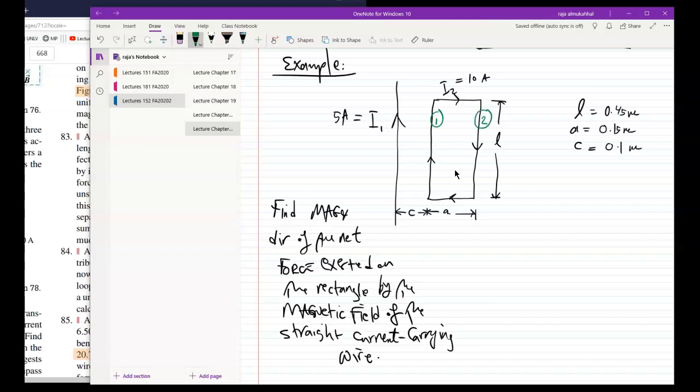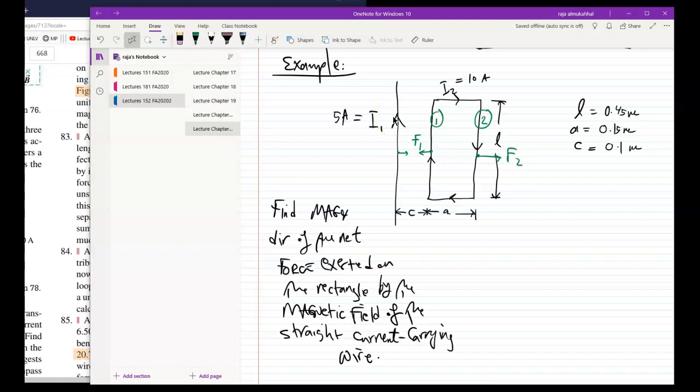So there will be a force F1 like that. You see what I'm saying? And of course there will be an F1 here due to the straight line. However, this side of the wire is going to be repelled by the straight wire here, and that's going to be like that. You see what I'm saying?